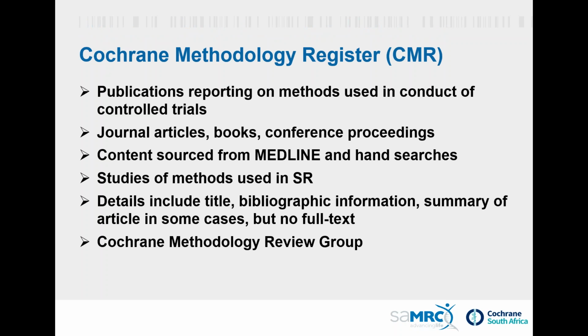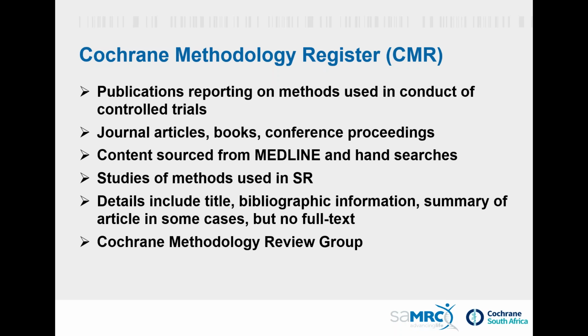Another database within the library is the Cochrane Methodology Register. This register comprises publications reporting on methods used in the conduct of controlled trials, as well as in the conduct of systematic reviews, and can be journal articles, books, as well as conference proceedings. Most of the content is also sourced from Medline and then also through hand searches.